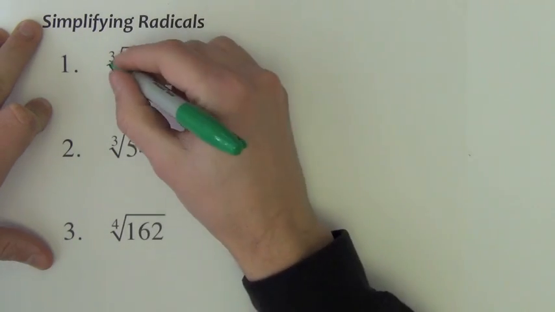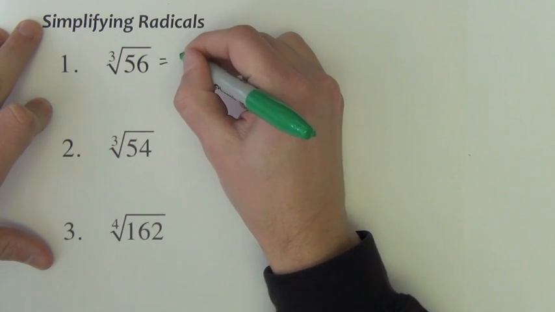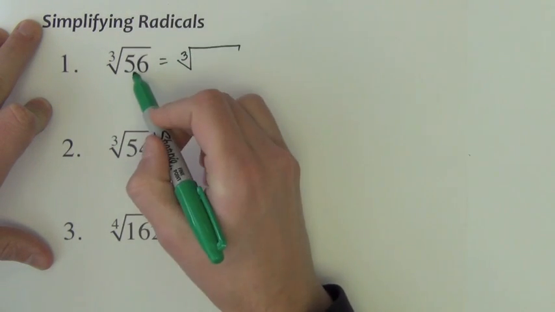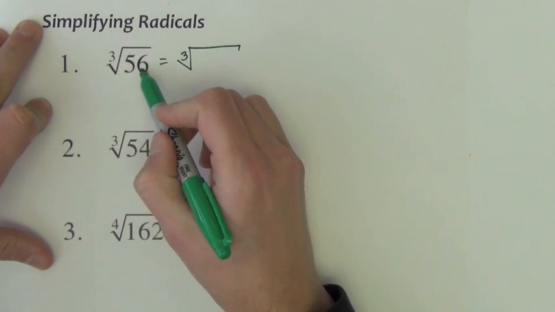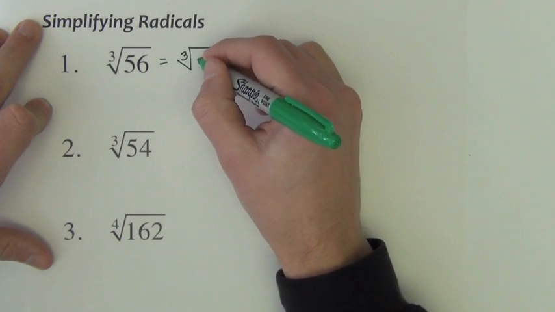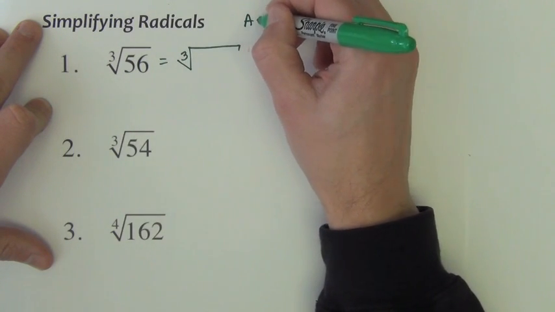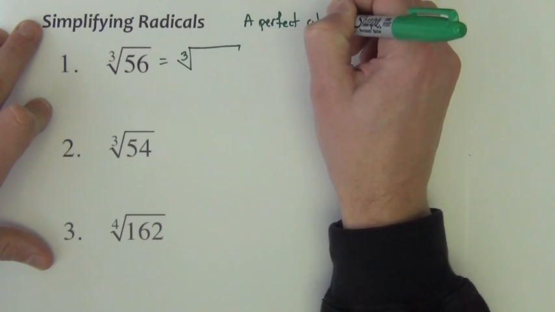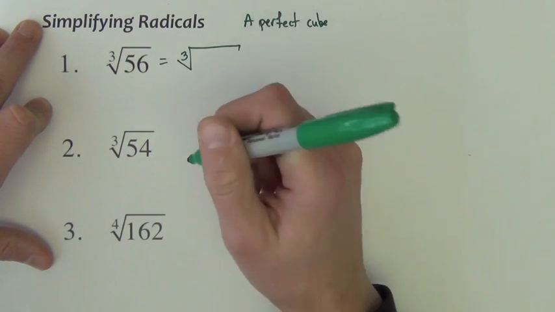So, simplifying some radicals that are not square roots. Here we go. I've got a cube root. I'm going to use the same property of radicals for all of these that I do with square roots, and that is I want two numbers that multiply to 56. One of them though has to be a perfect cube. We have to have that happen.